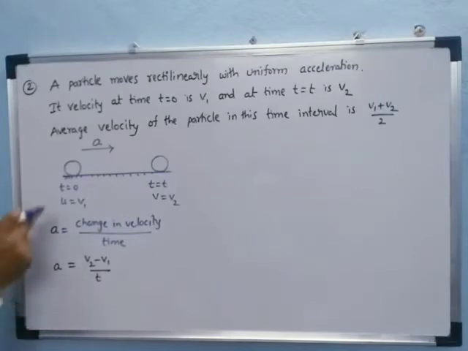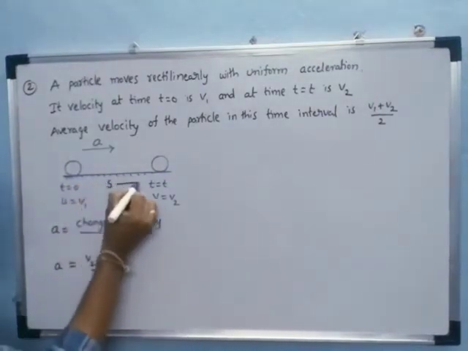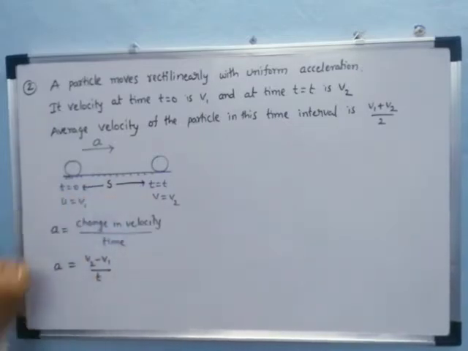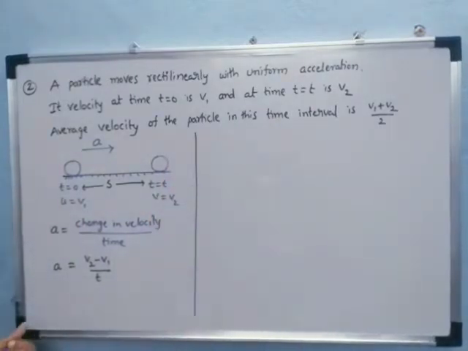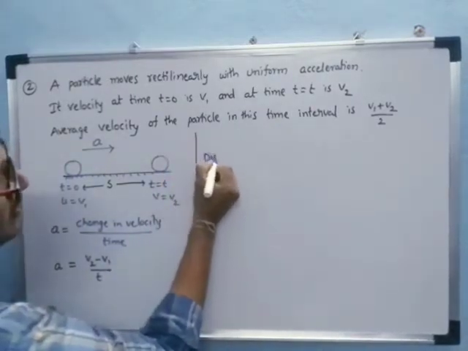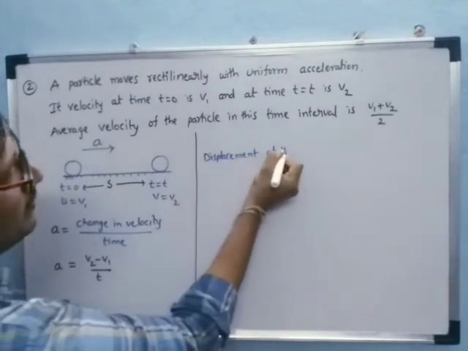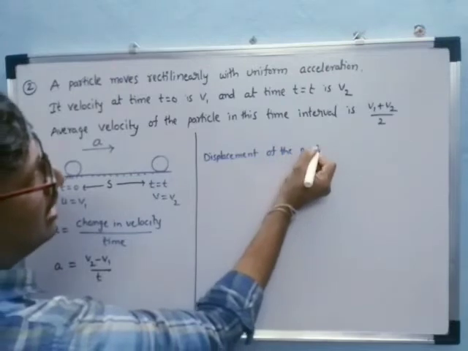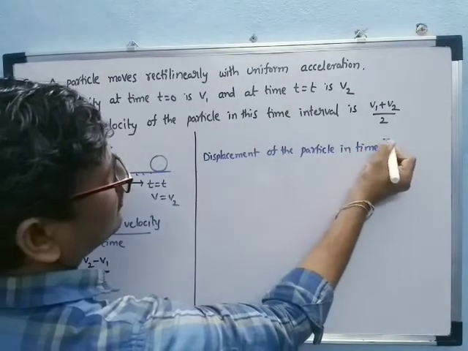Now when a body is moving from initial position to final position, there is some displacement. Now write here the displacement of the particle in time t.